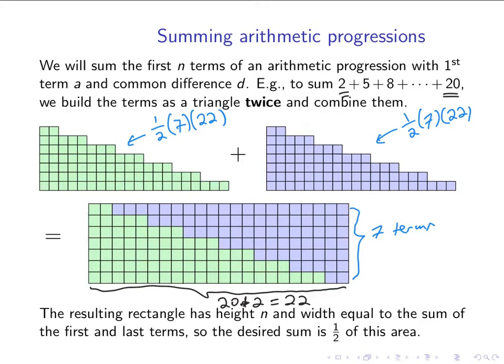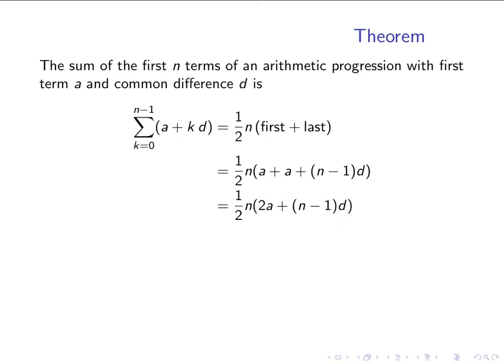So now we're ready to state this as a theorem. In the form that we derive this, we could write down that when we add up the terms of an arithmetic progression, then the sum is 1/2 n, n's the number of terms, times the first plus the last term.